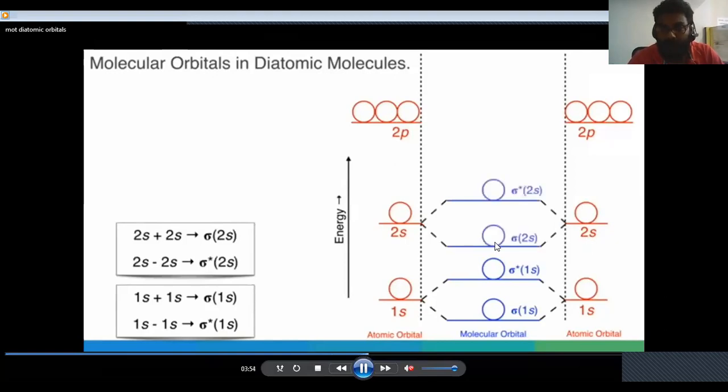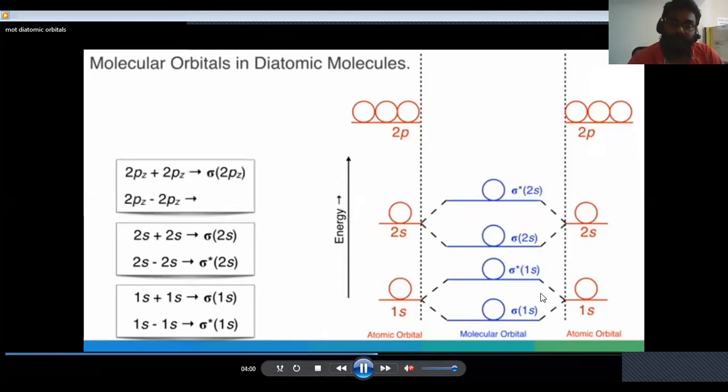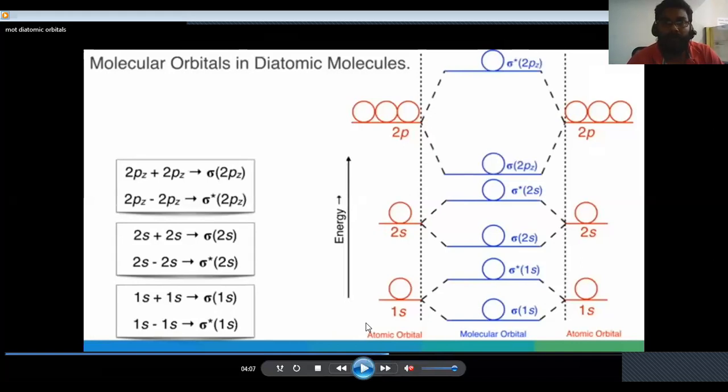Here is the bonding, here the antibonding. This is the formation of the bonding. Here the 1s s orbital holds 2 electrons, and likewise for the next s orbital.